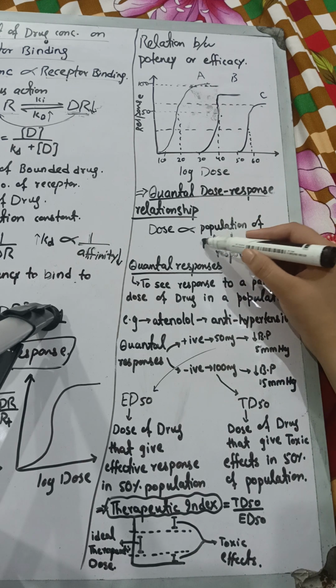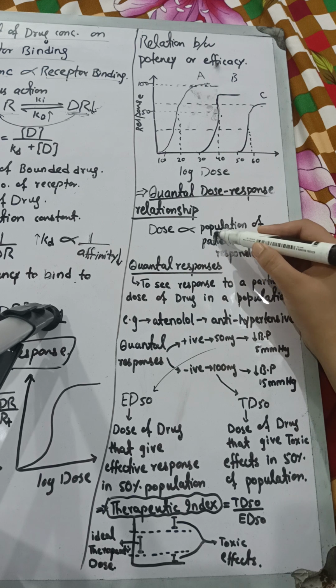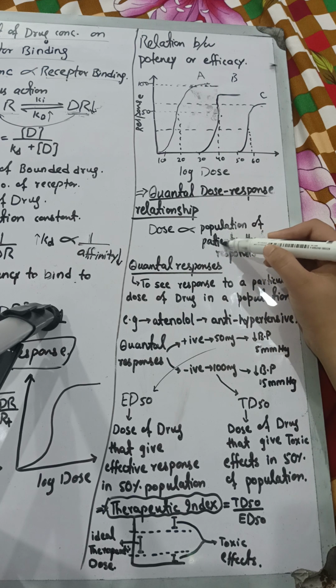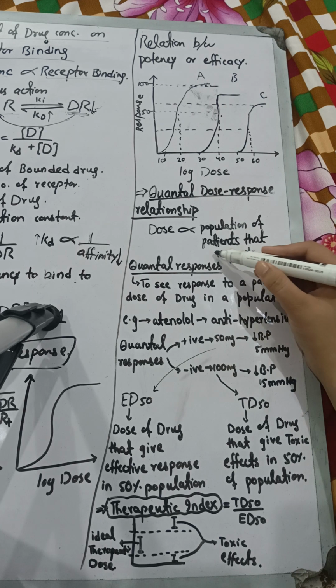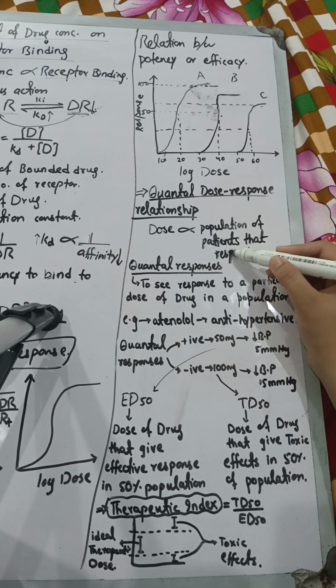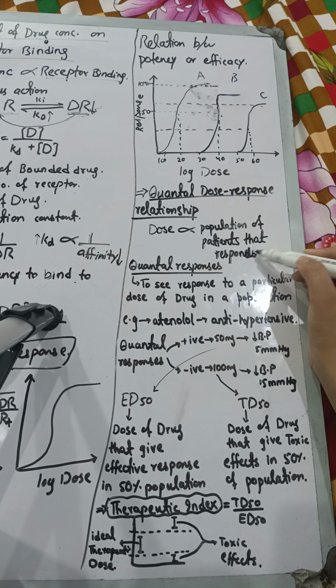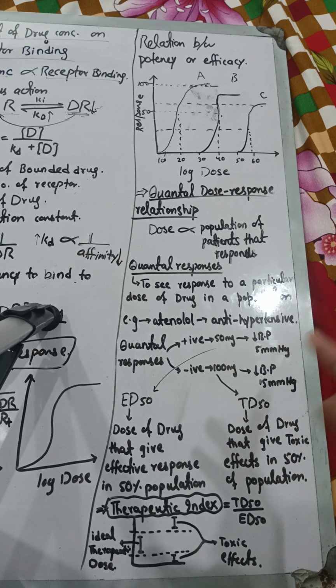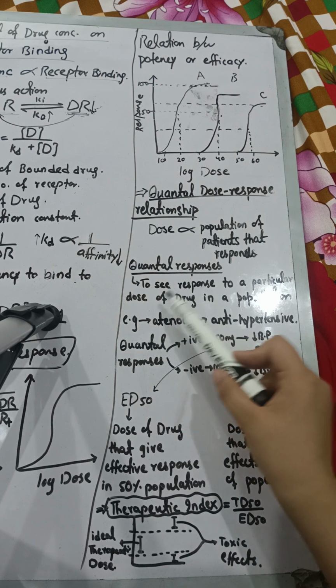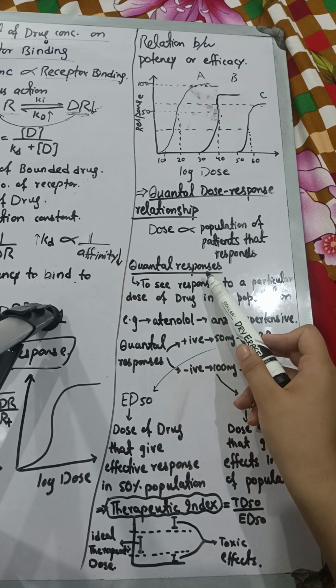Let's suppose you have given a drug to a whole population, a whole community, and after that you observe the particular kind of action produced after giving that drug. So this is the response produced. All the responses produced in a population are called quantal responses. So what are quantal responses?